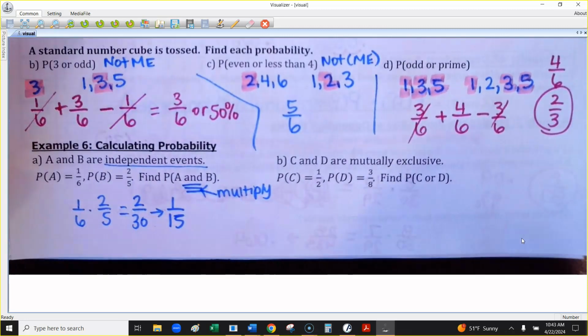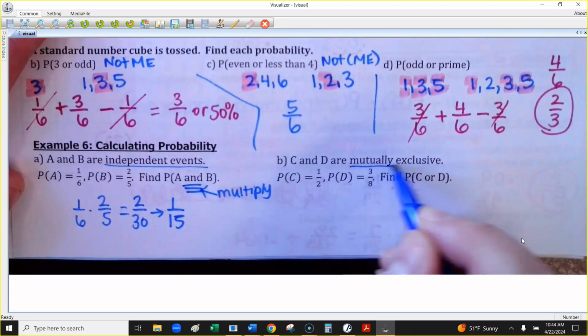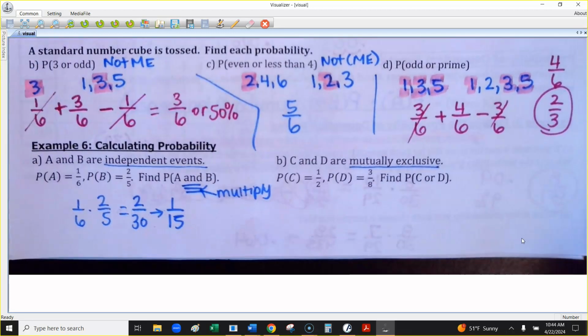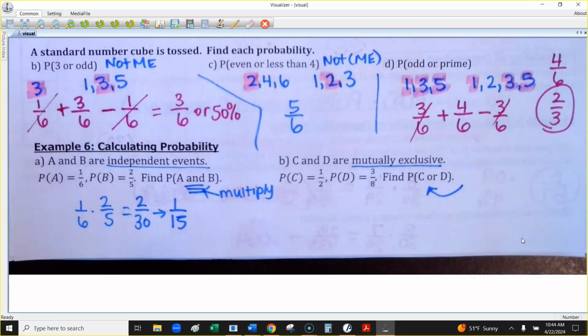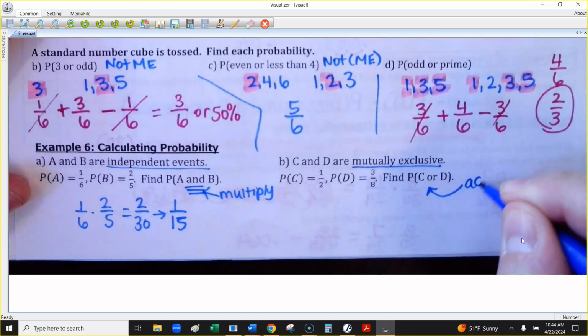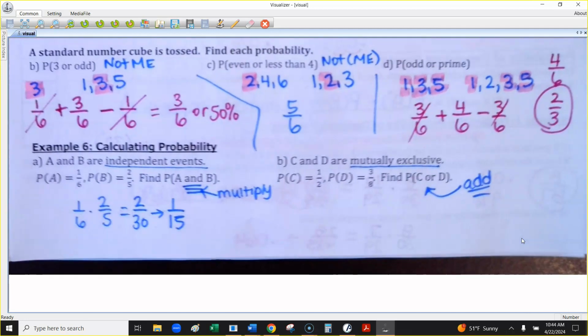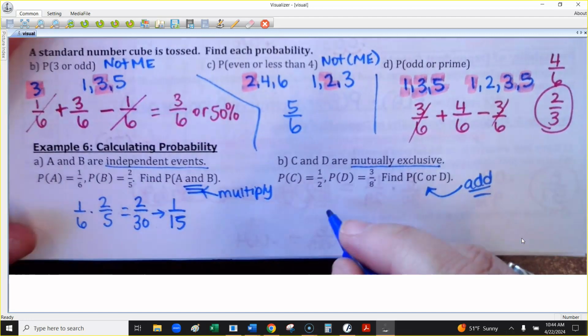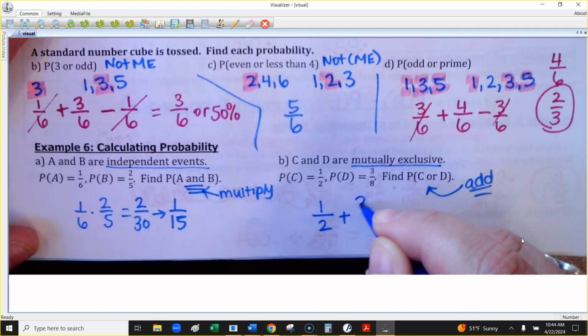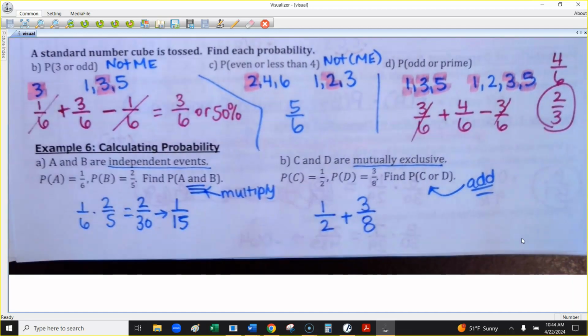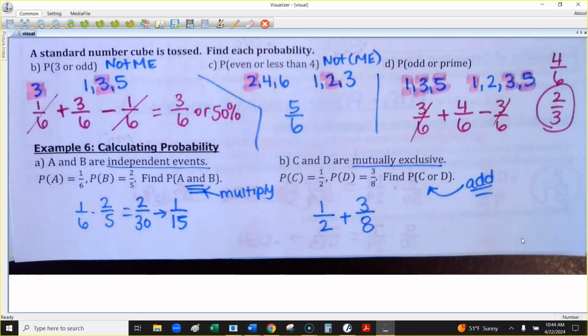All right, now this says C and D are mutually exclusive. So if they are mutually exclusive, they can't happen at the same time. If you have or between 2 probabilities, you want to add those together. So if I have this situation, probability of C would be 1/2 plus the probability of D. Now, if you're adding fractions together, you do need a common denominator.